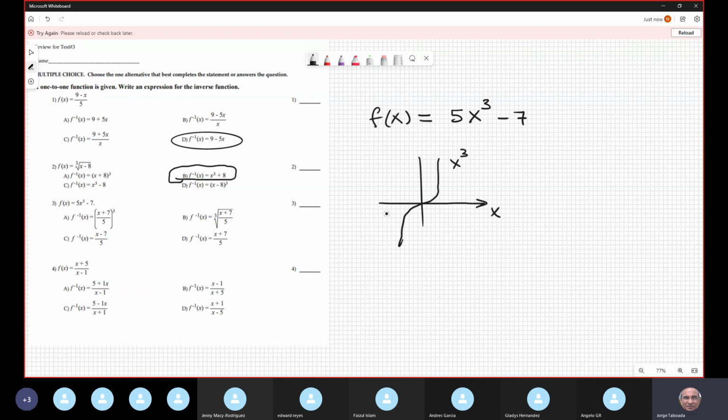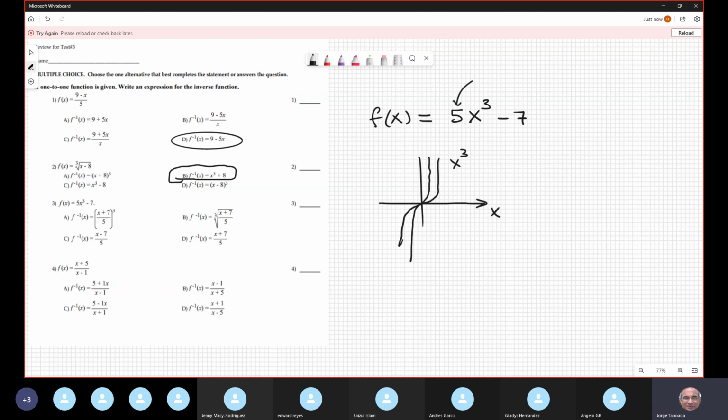Suppose the multiplication is something like that. Multiplication by 5. No, I made it too exaggerated. This is like that. And minus 7 is going down.